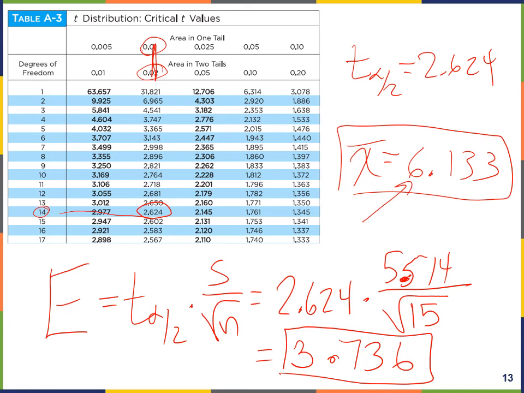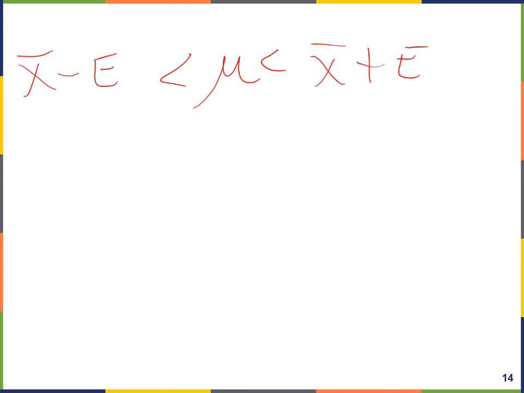But it's not completely accurate. So we use our sample value and our error to create our interval. We estimate the mean of the population by doing the sample mean minus the error and the sample mean plus the error. And that gives us our interval for the mean of the population.